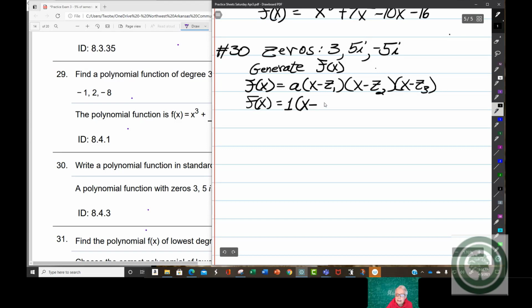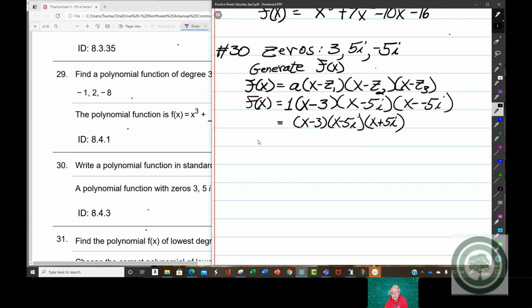X minus 3 times x minus 5i times x minus negative 5i. So we'll have 1 times x minus 3 times x minus 5i times x plus 5i.